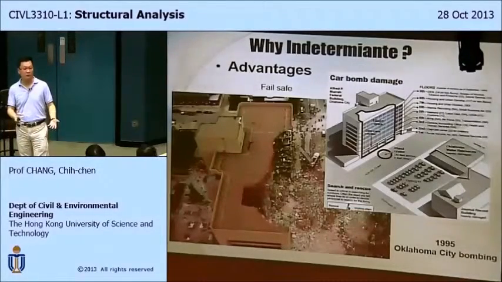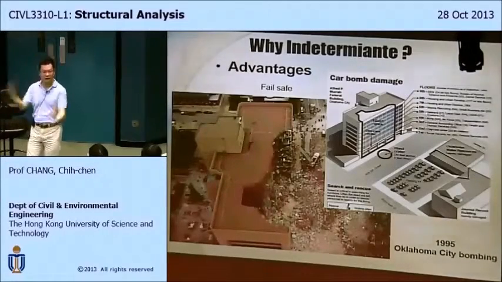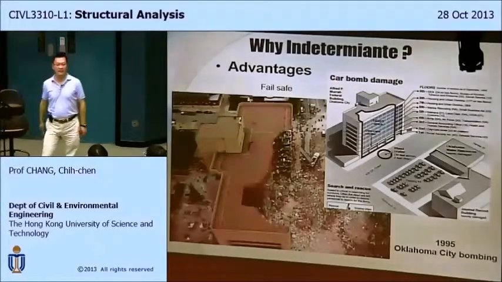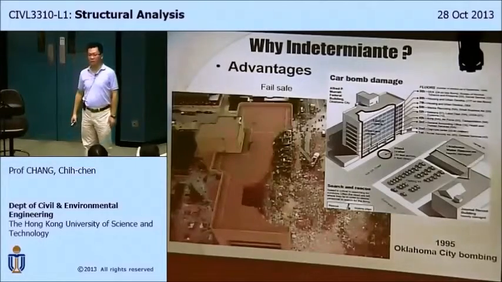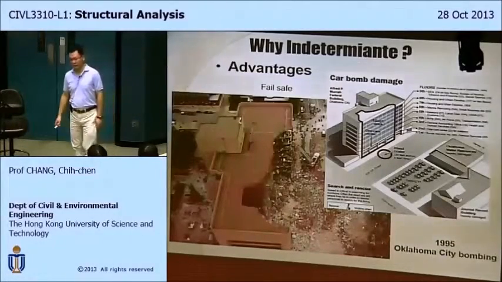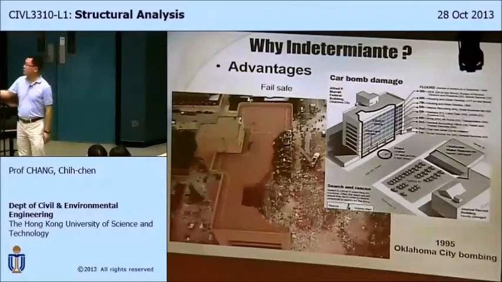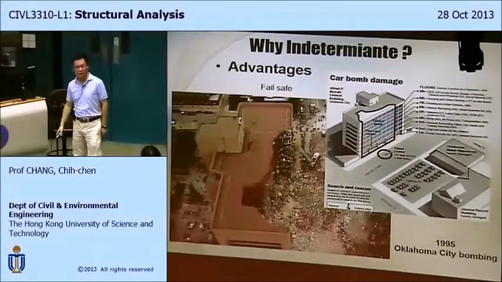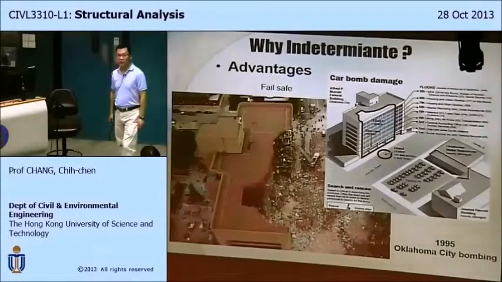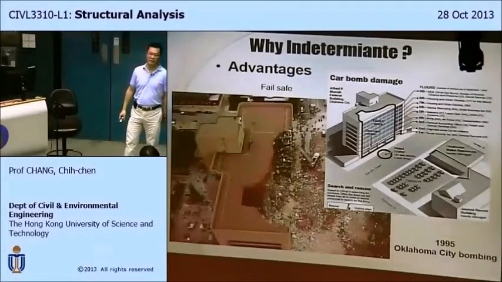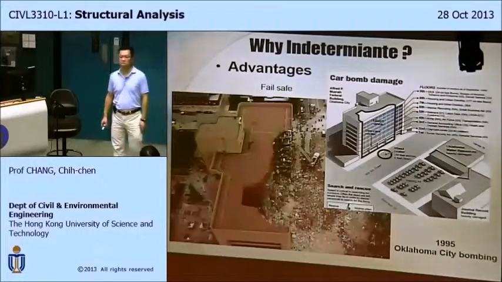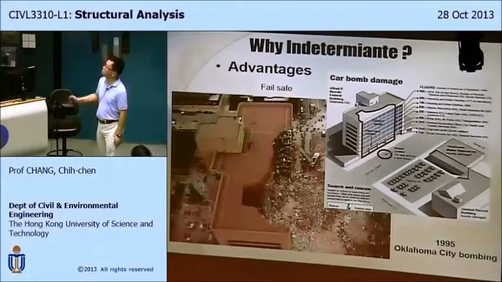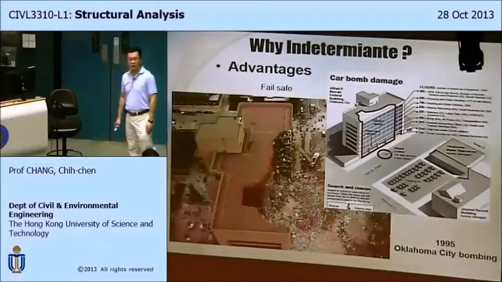It's called fail-safe. Imagine that if the whole building collapsed because of that, more people would be killed. So this kind of structure has a high degree of indeterminacy. Usually they can accommodate failures of a few components. So-called fail-safe.